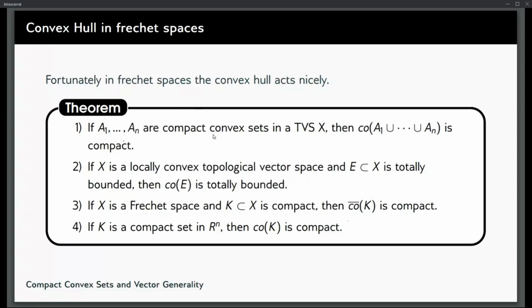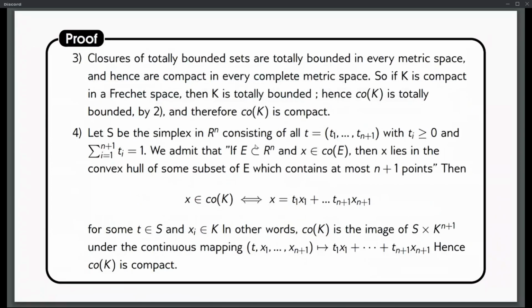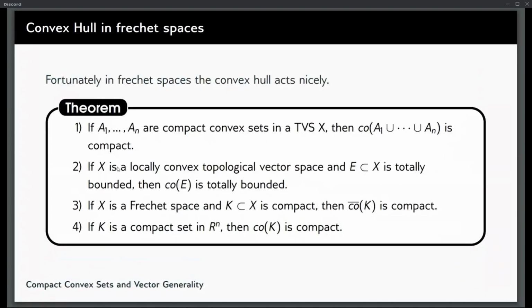I won't prove all of them just for the sake of time. I've left only the proofs that I thought are major, so we're going to be proving the last 2 points. We are trying to prove that if K is compact, then the closure of the convex hull is going to be compact. And we're going to prove this by using the things we proved here.